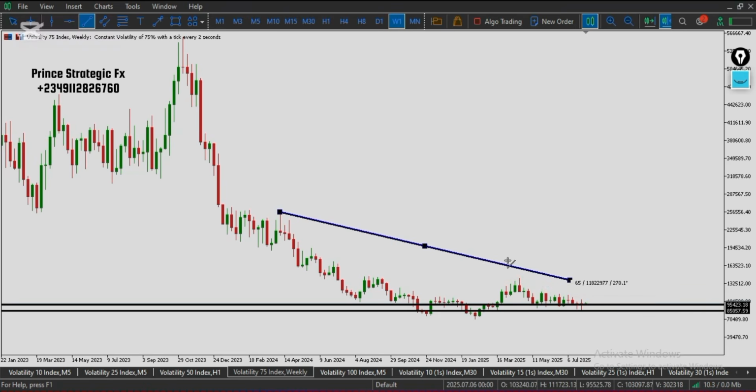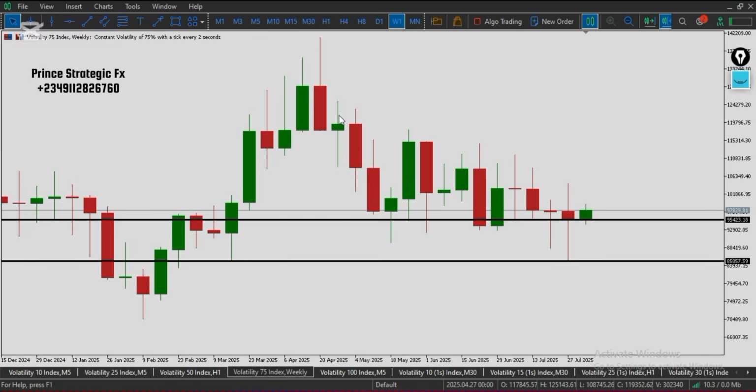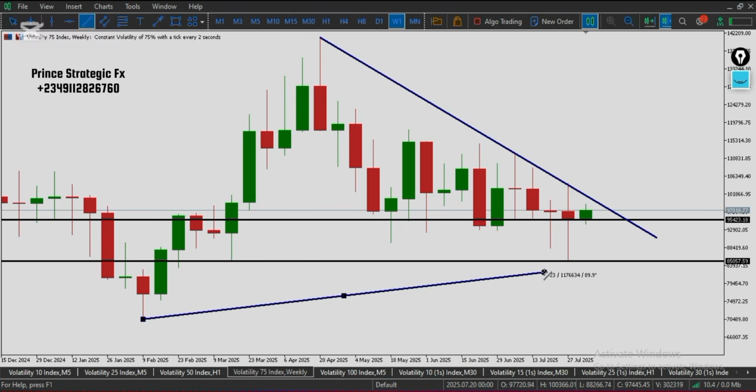But to me, I think all of this is not necessary. If I zoom out, I can just see the trend coming downwards. So all I need to do is pick from exactly what I can see clearly. Remember, this is the weekly time frame. Then I will do the same thing here.